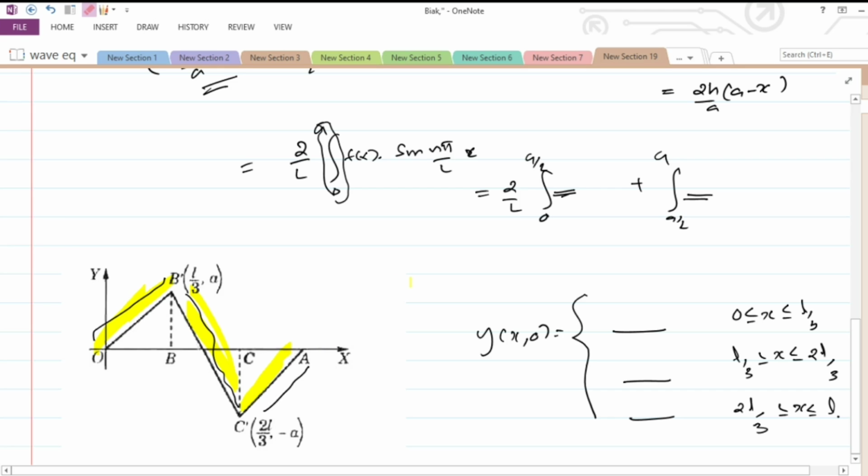You can do the same way and split the integral into three.